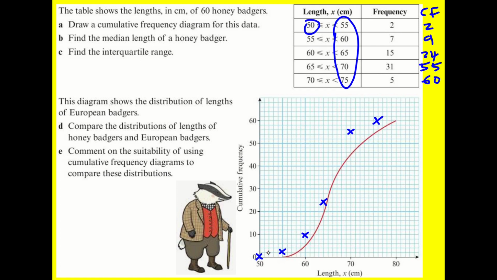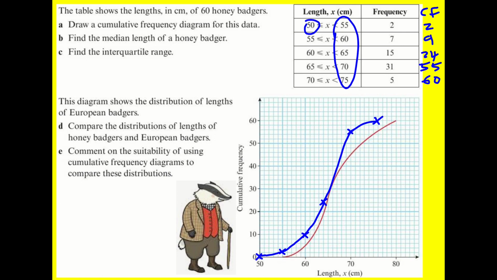Just make sure it goes through all the points. And they haven't actually extended it here, so I'll stop it there. But you could carry it on if you want to.